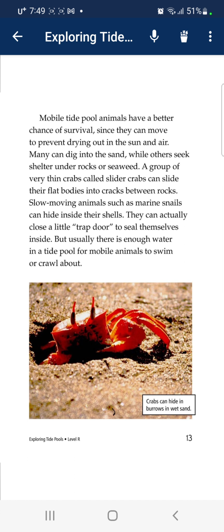They can actually close a little trapdoor to seal themselves inside. But usually there's enough water in a tide pool for mobile animals to swim or crawl about.